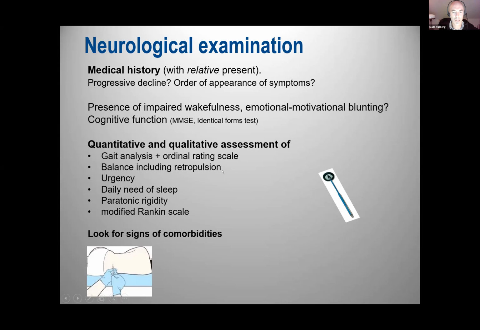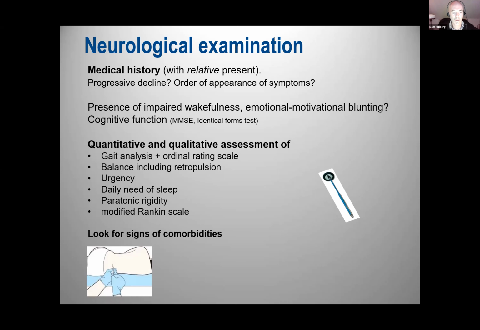Retropulsion is a sign that is common in these patients. Assess and get the history about urgency, daily need of sleep. Paratonic rigidity is a neurological sign that is often present in these patients and can add to the picture.